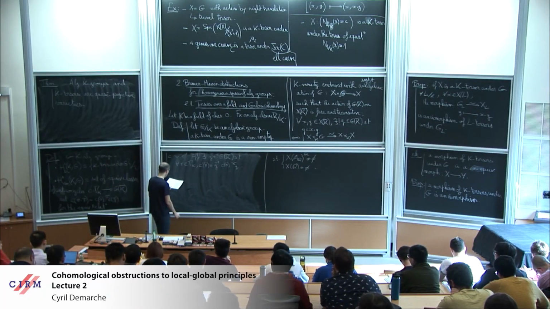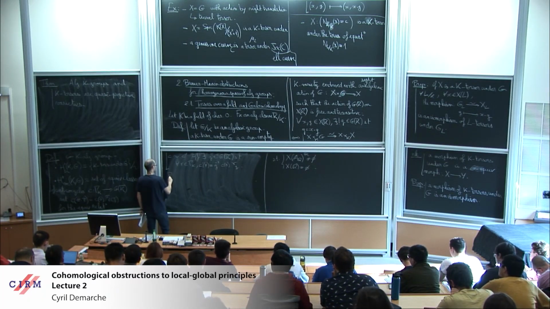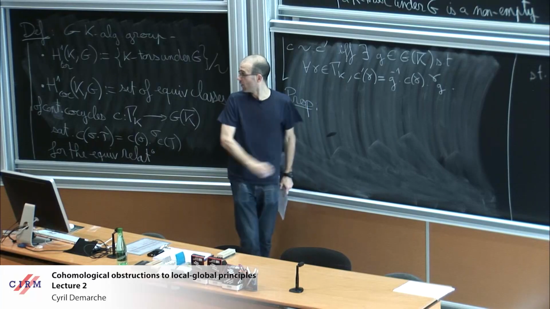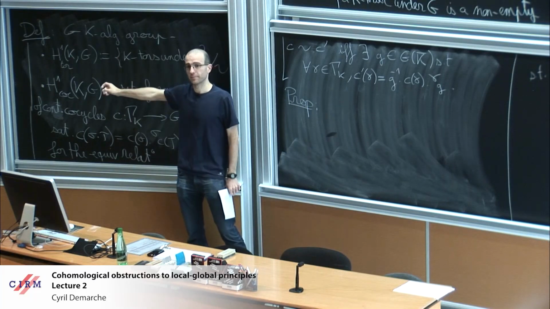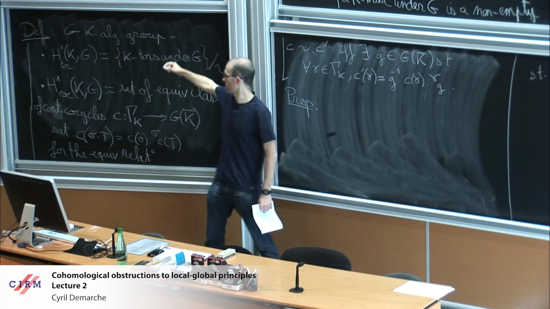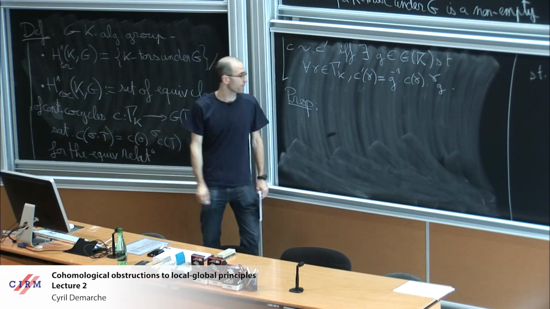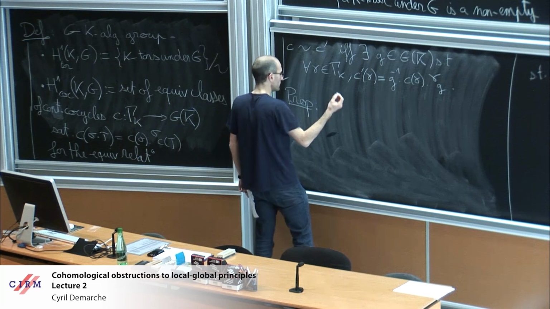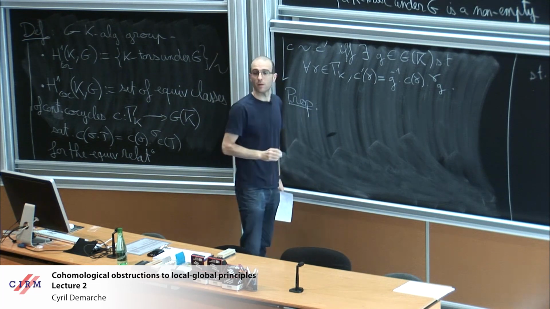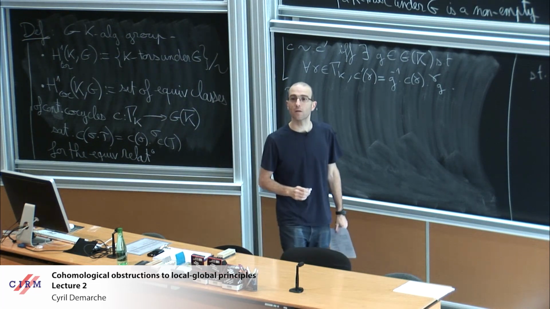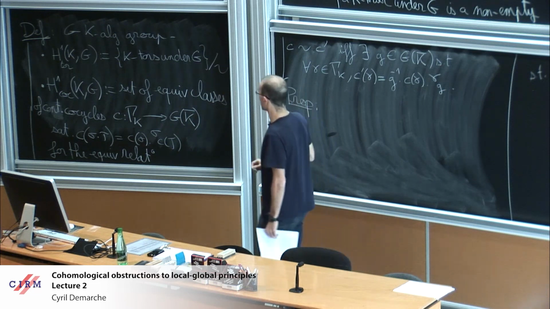And the key point is the proposition that says that both H1s are the same. So this is the connection between torsors and Galois cohomology, even without the zero characteristic assumption.